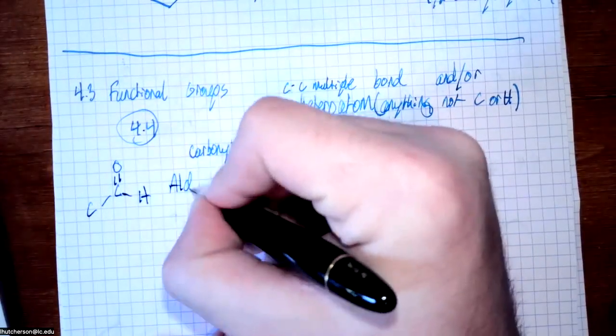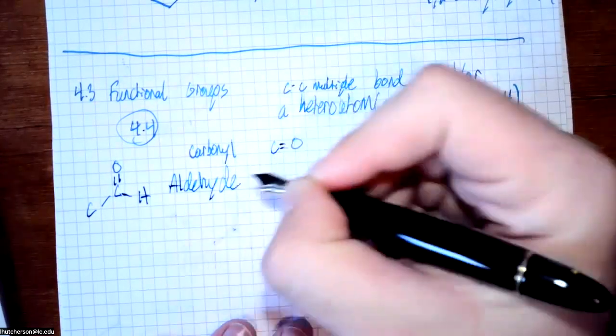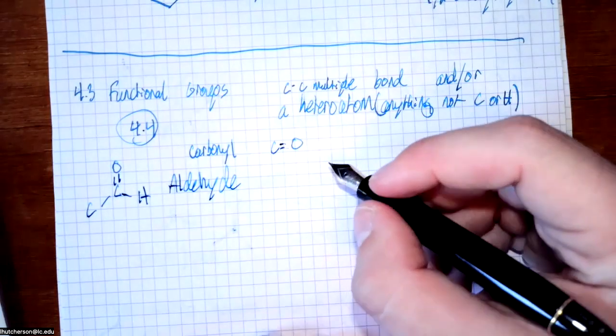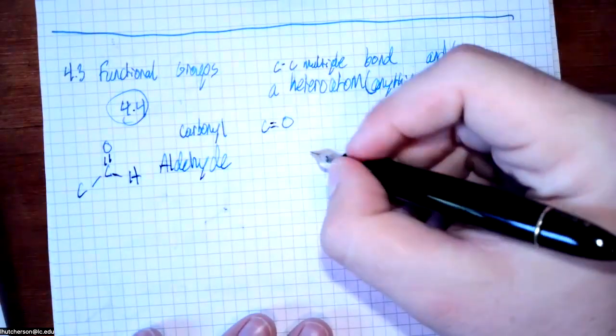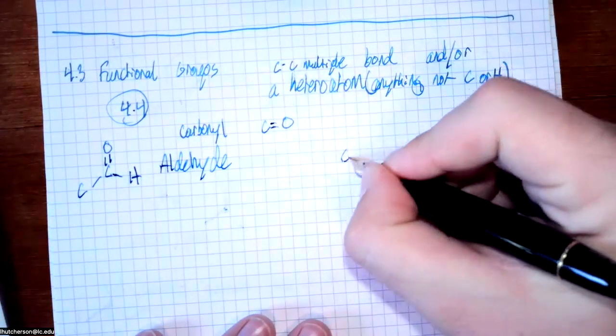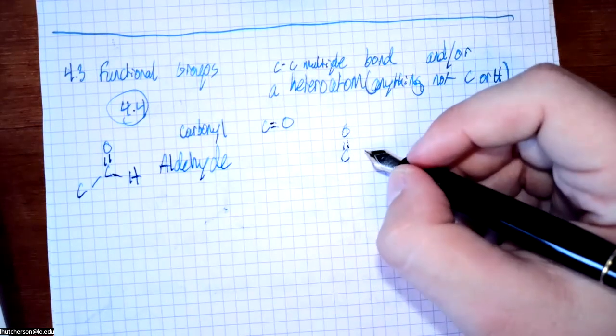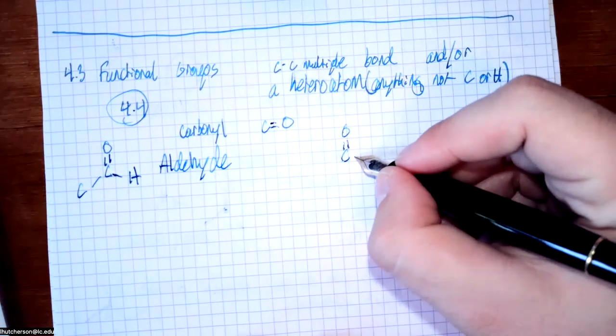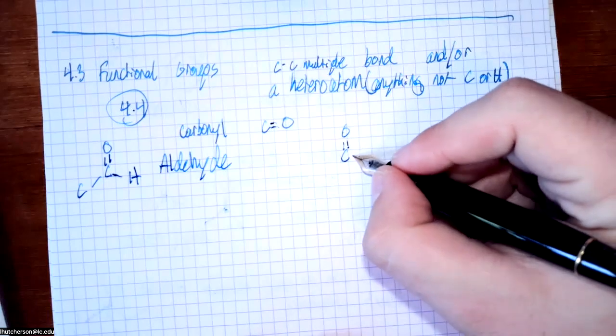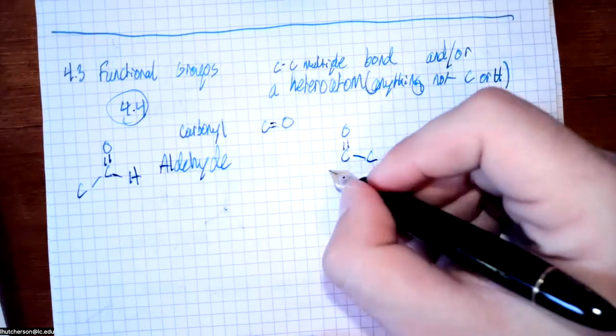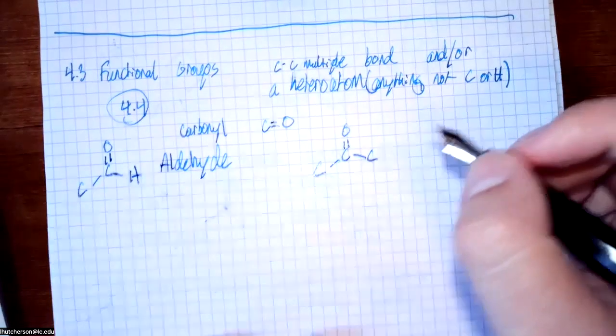This is called the aldehyde. Then closely related to that, but not quite the same thing, we have the ketone. All right. Ketones have the carbonyl carbon bonded to two other carbons.